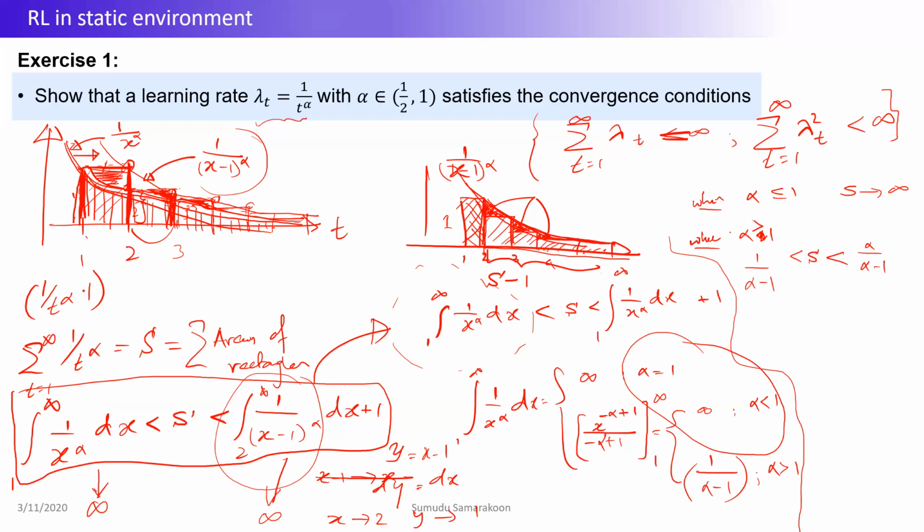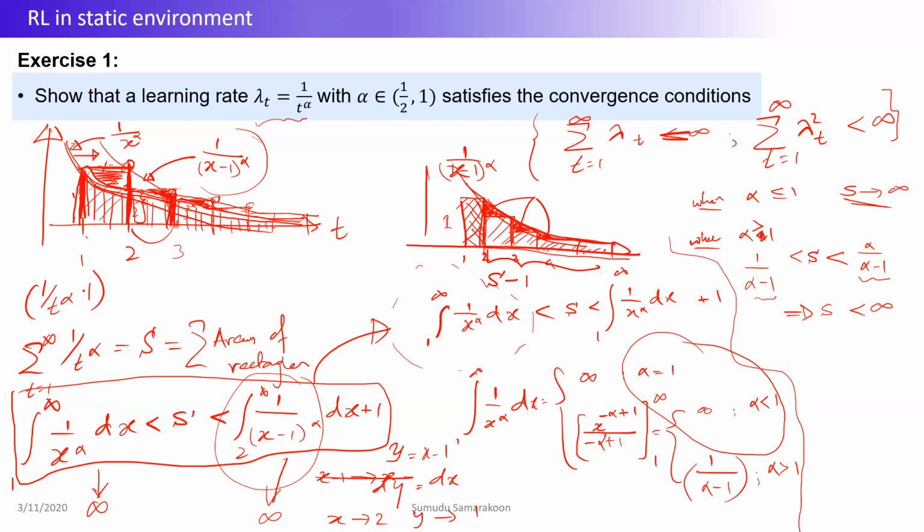So for any alpha higher than 1, this is a finite value, this is a finite value. So basically S converges to a finite value.